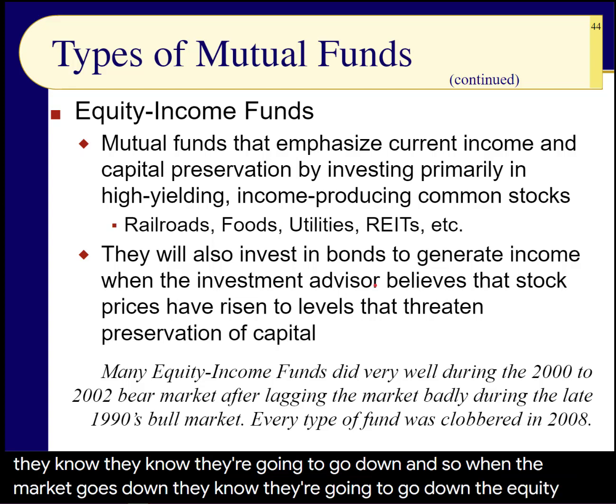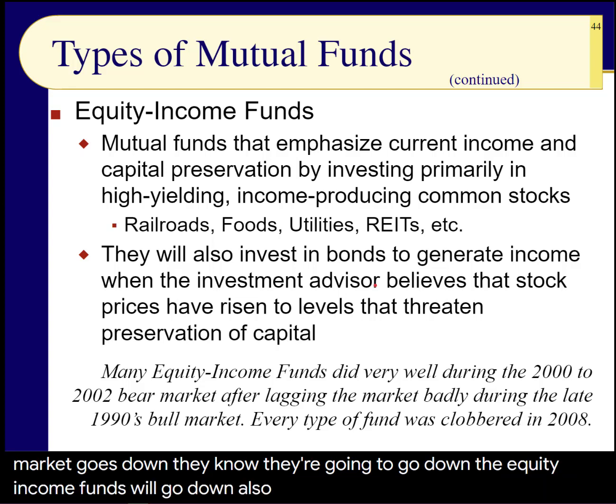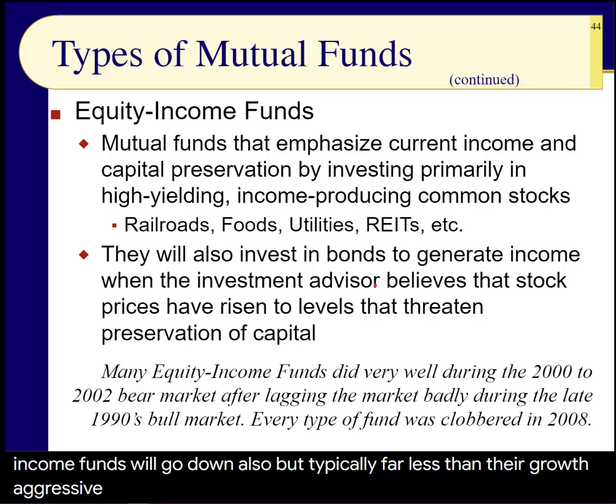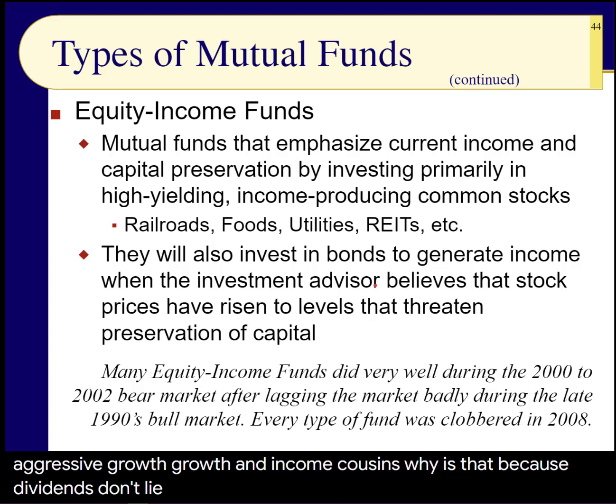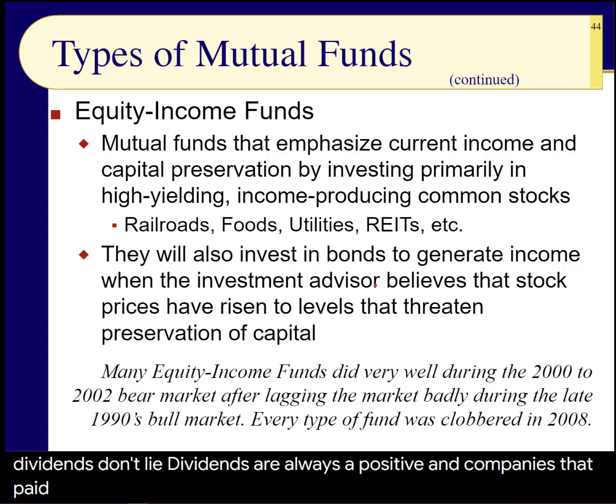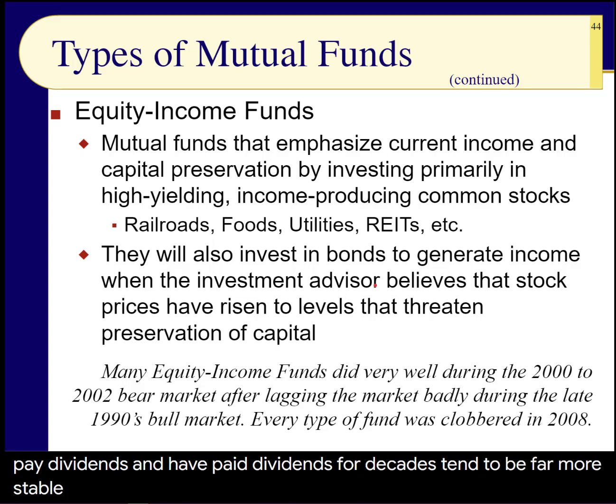The equity income funds will go down also, but typically far less than their aggressive growth and income cousins. Why is that? Because dividends don't lie. Dividends are always a positive, and companies that pay dividends and have paid dividends for decades tend to be far more stable than the growth-oriented companies.